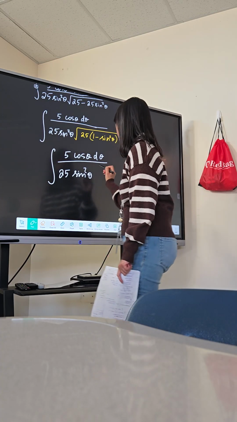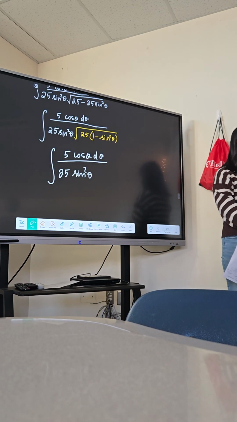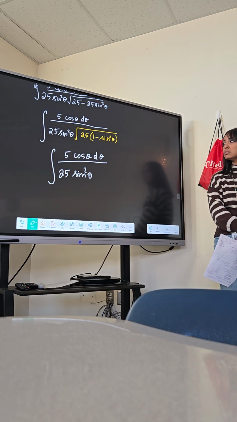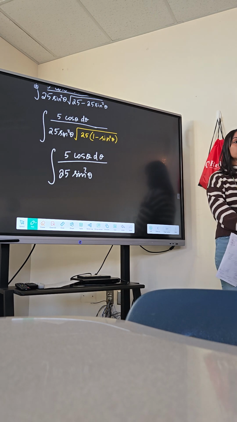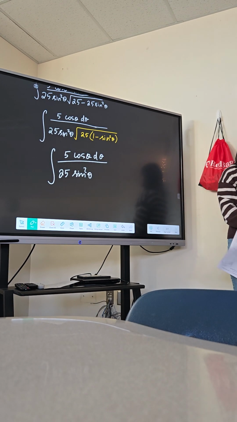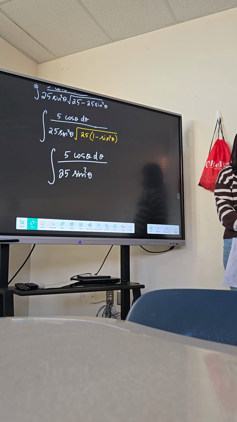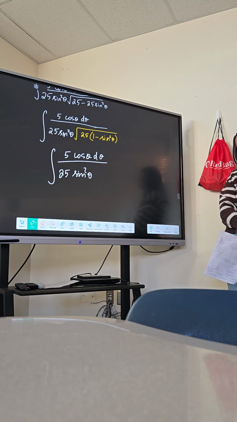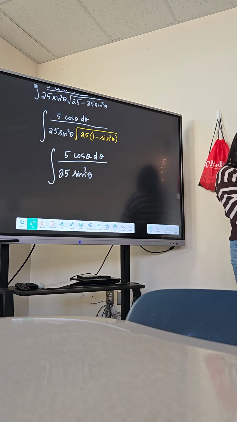The 5. What is 5? I'm not worried about the fraction part. You can turn sine squared x into 1 minus... where should the square root go?